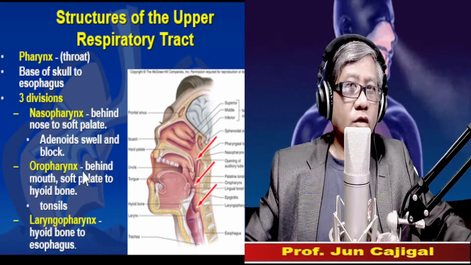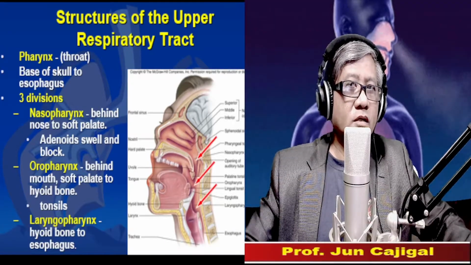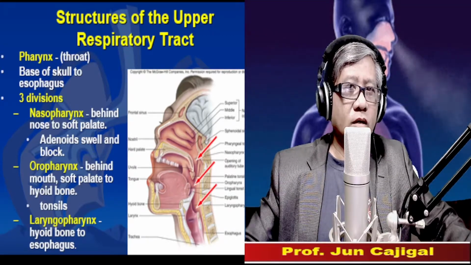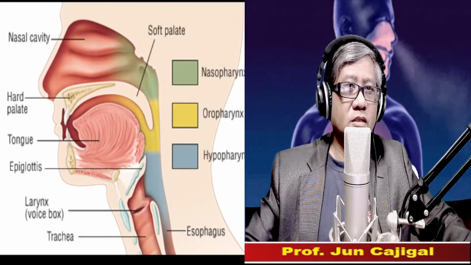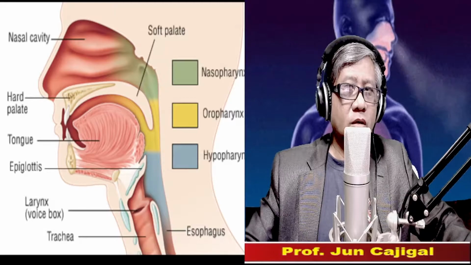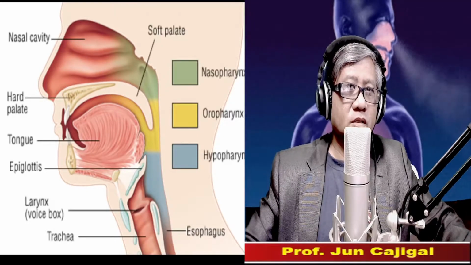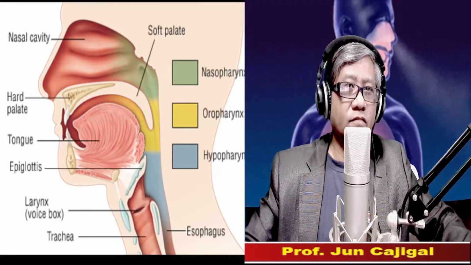Now, in order to help you visualize the location of the nasopharynx, the oropharynx, and the laryngopharynx, let's take a look at this diagram. We have here color-coded locations. The green represents the nasopharynx just behind the nasal cavity.